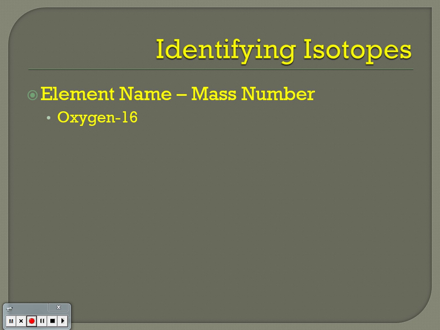But that 16 that follows it is the mass number, which is the sum of the protons and the neutrons, right? So if you know that the sum is 16 and there are 8 protons, what does that mean about neutrons? There has to be 8 neutrons as well, okay?